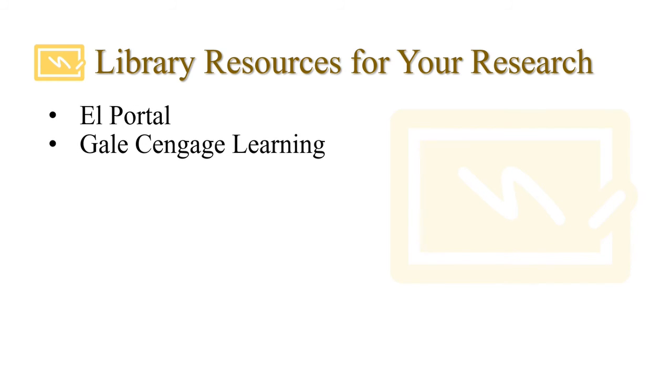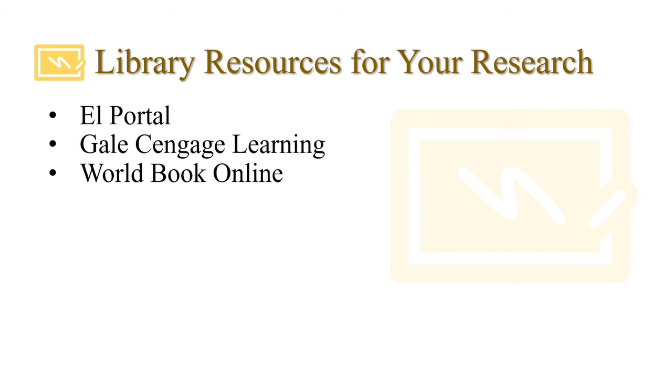Now, perhaps you don't know this, but at RMMS Library we have our own resources for research that you can rely on. We have El Portal, which is a database. We have Gale's Engage Learning, which is our primary academic database that gives you access to a lot of resources, such as magazine, newspaper, and academic journals, but it also provides access to documentaries too.